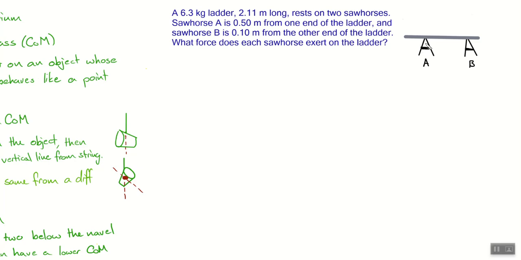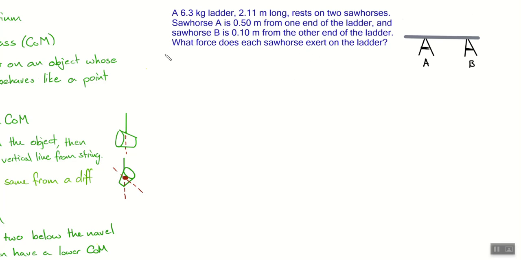Just to be clear, these are sawhorses, what you would put something on like a ladder if you wanted to have it sideways. So go ahead, get this written down. This is our only example, so I didn't bother making a worksheet. I will resume once everybody has this written down and it's unpaused. So see you in 3, 2, 1.